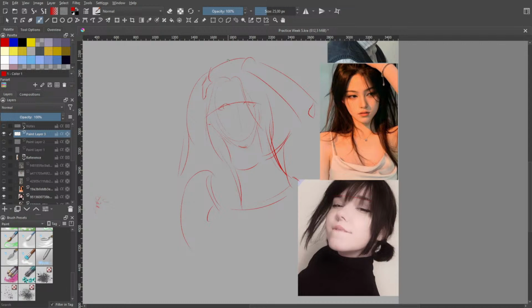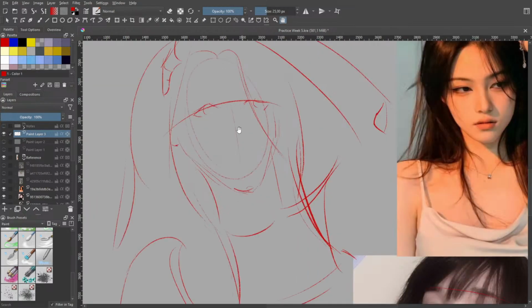Oh, why does this work so well for a finger? Interesting. So the major things to fix in this would obviously be a bit of the neck. That doesn't quite work out.